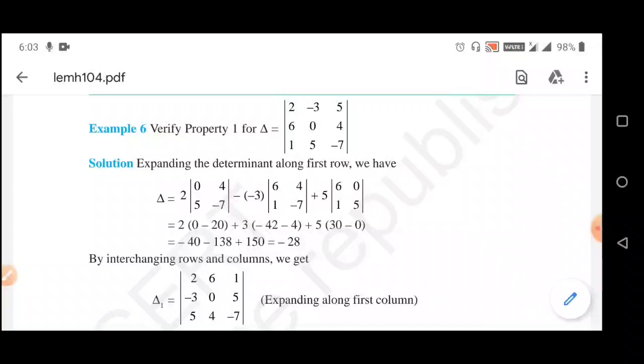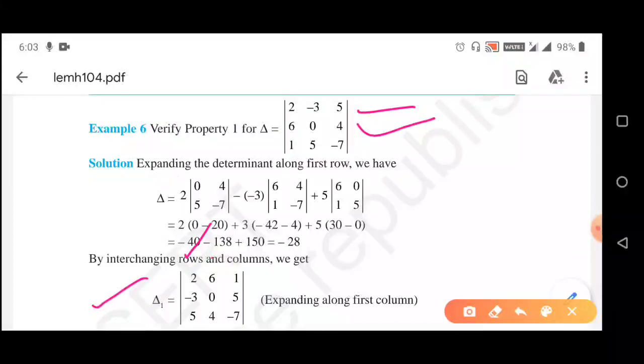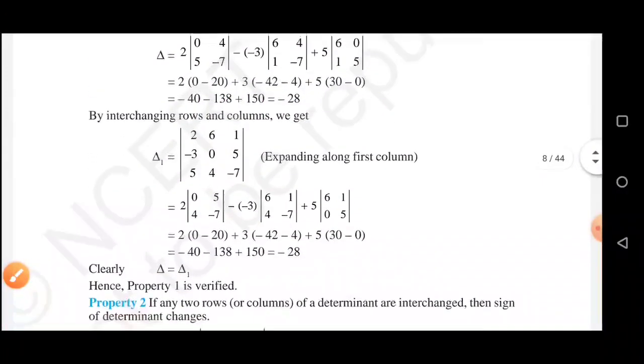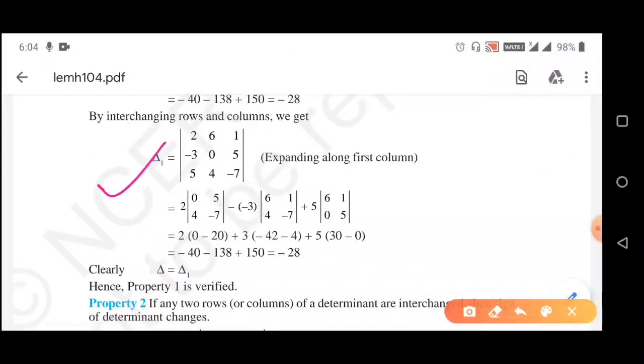For that, they have written the determinant interchanging rows and columns. See, the first row becomes the first column, the second row becomes the second column, and the third row becomes the third column. Now after finding the determinant of this one, the value is minus 28. For both cases, the value is minus 28. That means our property 1 is verified.